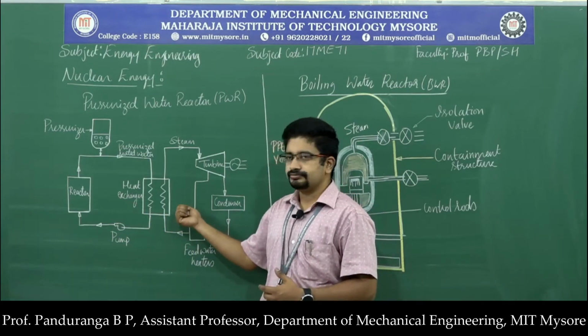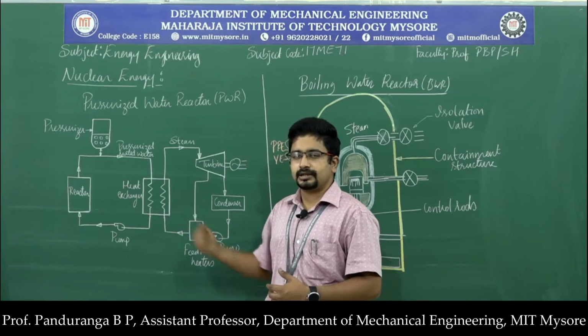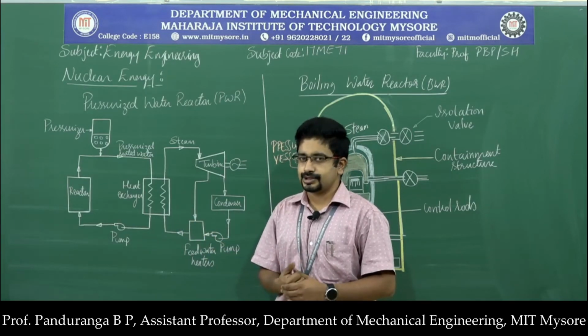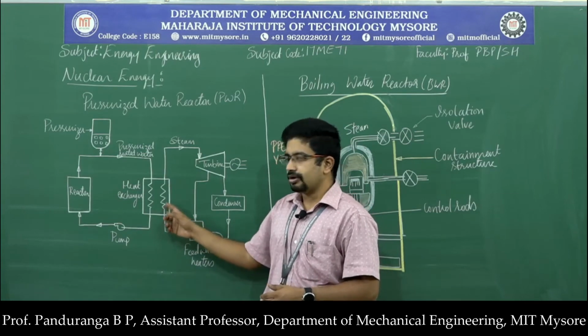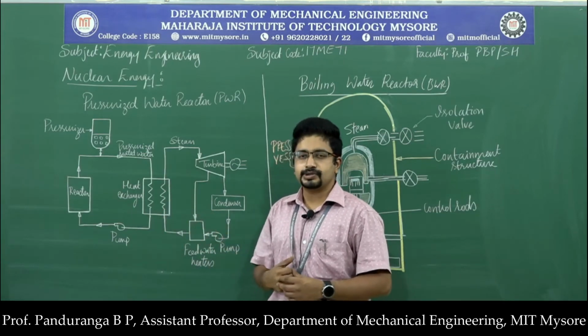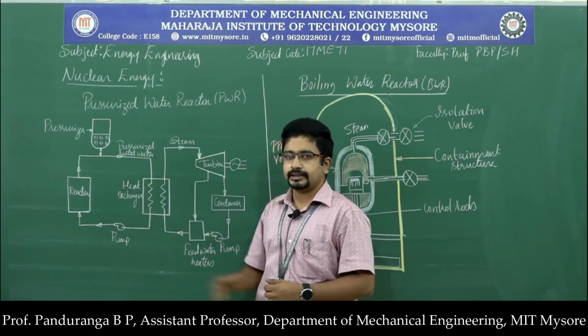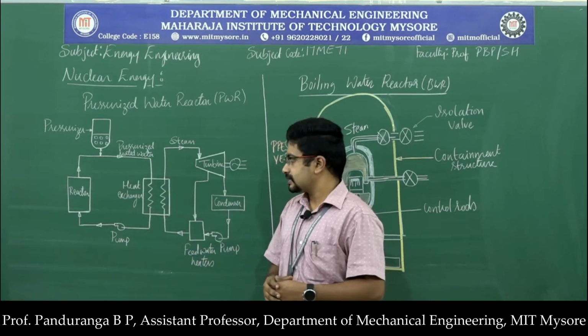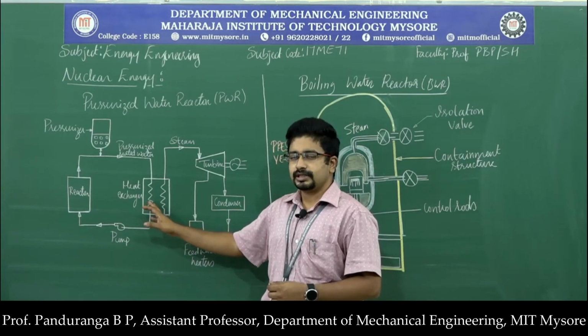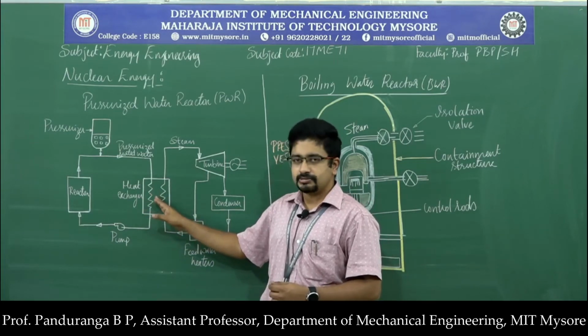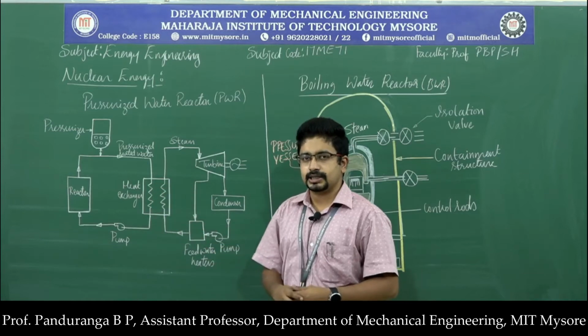But in the secondary circuit we are using normal water which is not radioactive, and that water passes through the tubes and absorbs heat from the water coming out of the reactor core. You can call this a steam generator or heat exchanger.